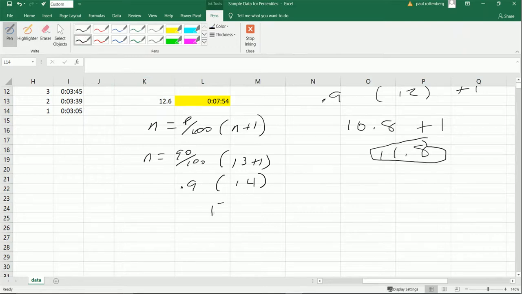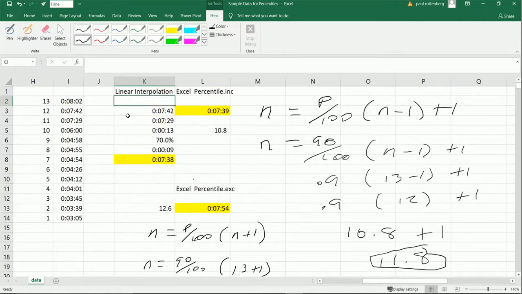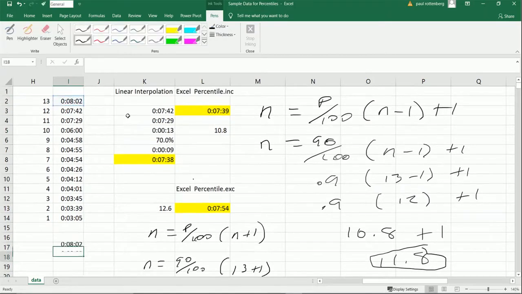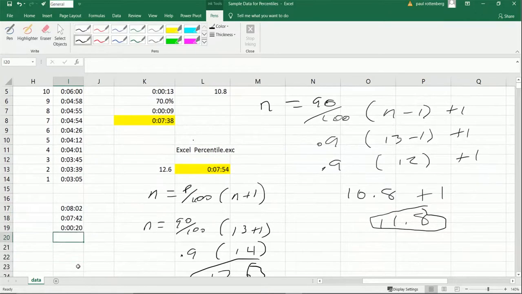Okay, so we're essentially saying that we want to interpolate to the value associated with rank order 12.6. So let's put in 12.6 here, and that's the answer using percentile.exc. So the value associated with rank order 12.6 is 60% of the distance between 802 and 742. So let's take 802 and subtract 742. That's 20 seconds.